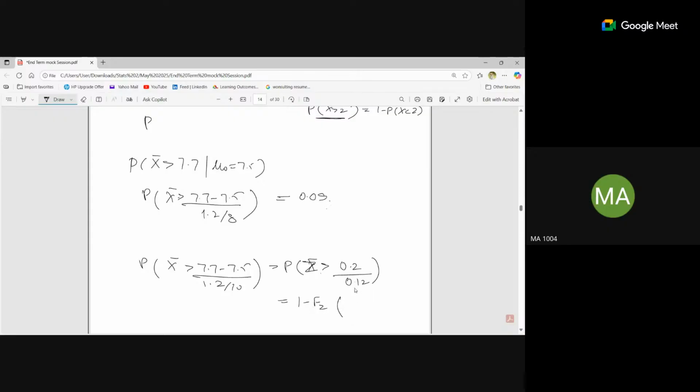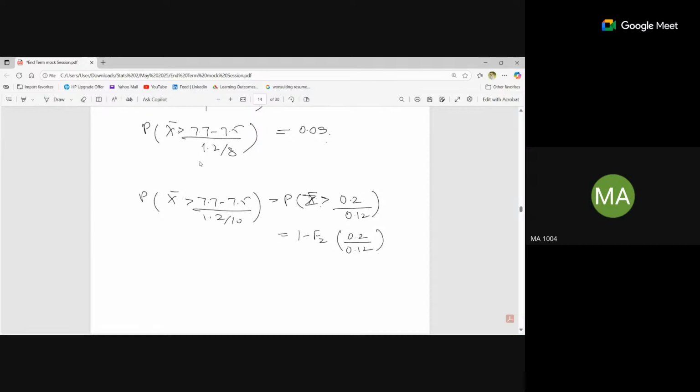This value is coming out to be 0.05. Yes, ma'am.